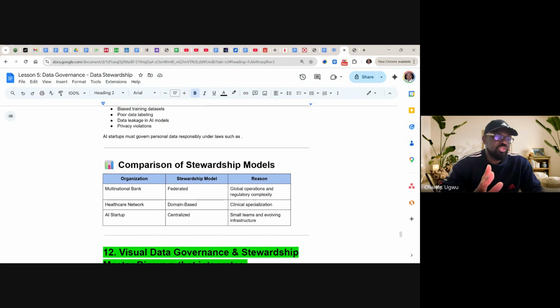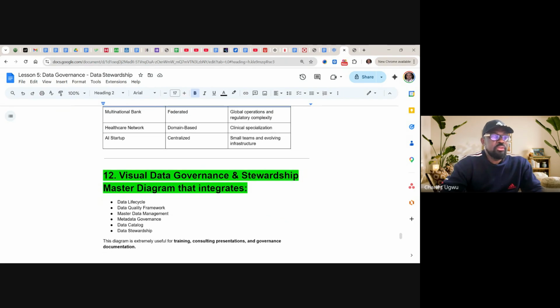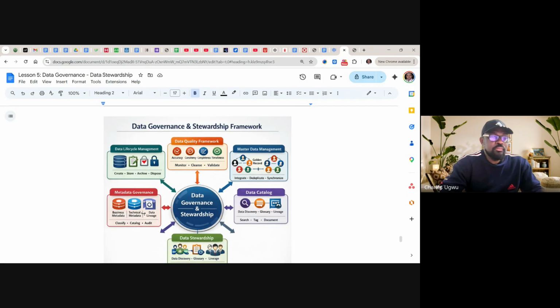We use the framework we created to create a model, to enforce a model, and then a visual data governance and stewardship master diagram that integrates, looking at all the things we've done, how they all work together: data lifecycle, data quality framework, master data management, metadata governance, data catalog, and data steward. So we capture it in this diagram.